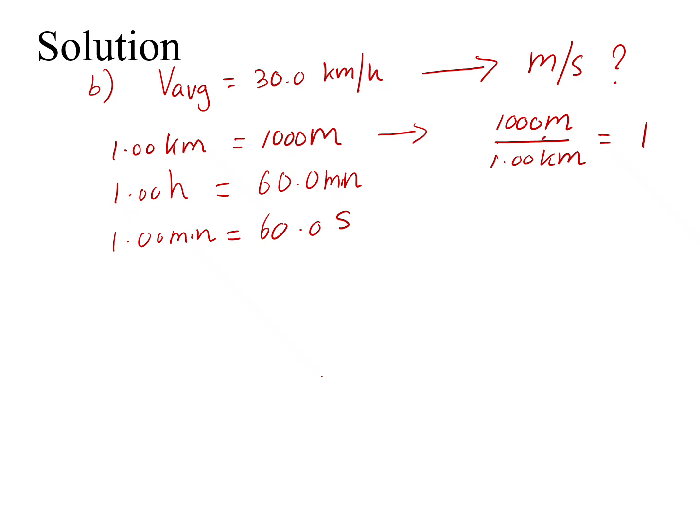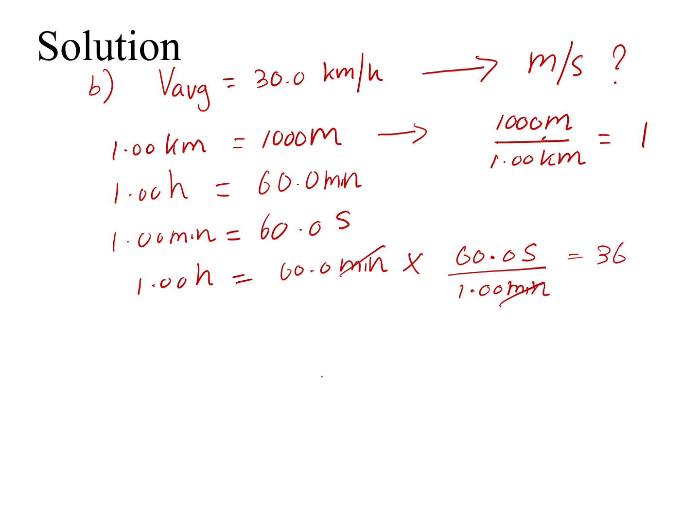Now using these two, we have 1 hour is equal to 60 minutes multiplied with 60 seconds divided by 1 minute, and here minutes cancel out, giving us 60 times 60 seconds, which is 3600 seconds. Now 1 hour equals 3600 seconds.